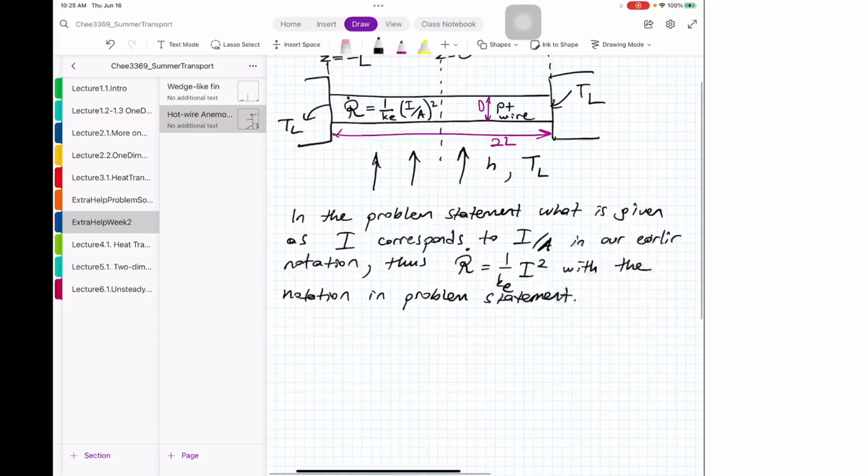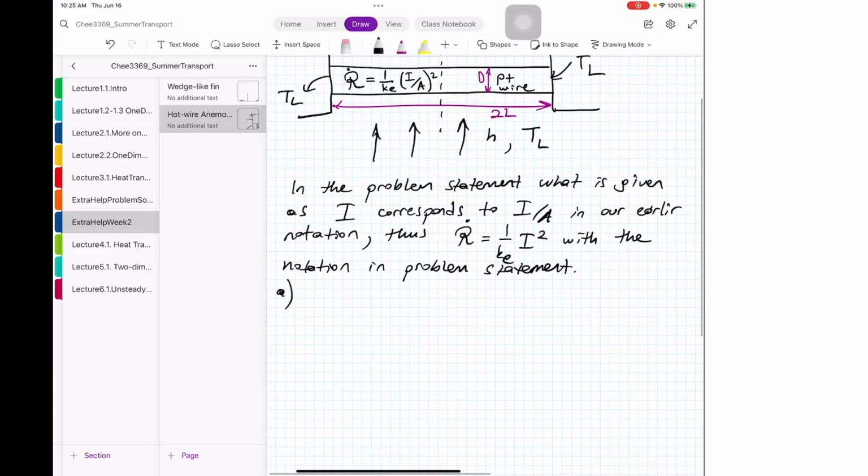Okay, so part A. Derive an equation governing the steady state temperature distribution in the wire, assuming that T depends on Z alone.